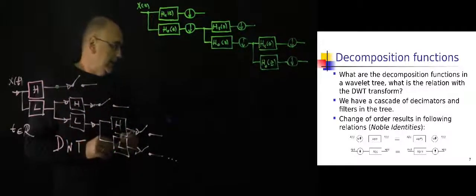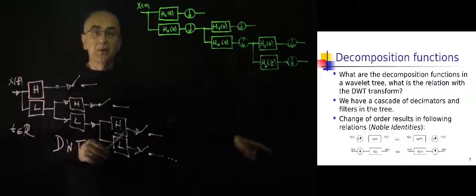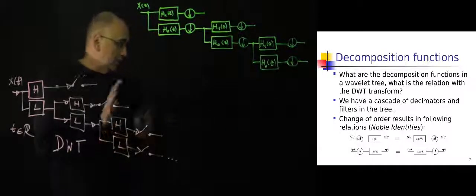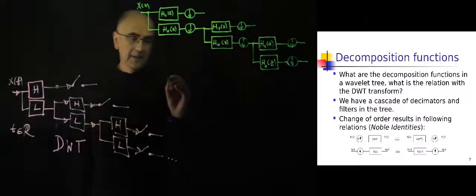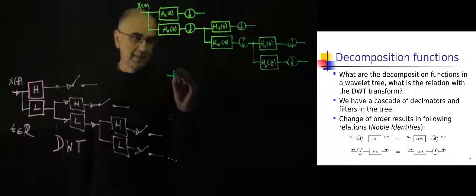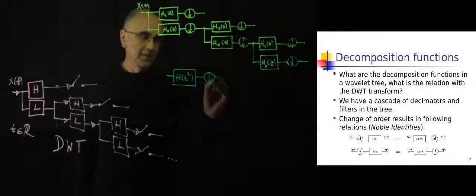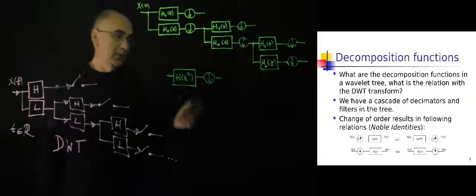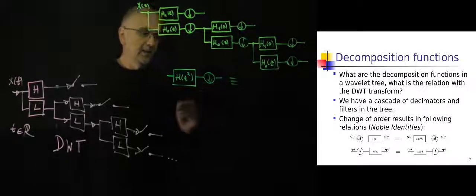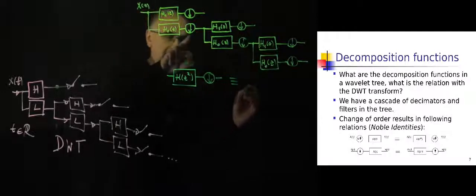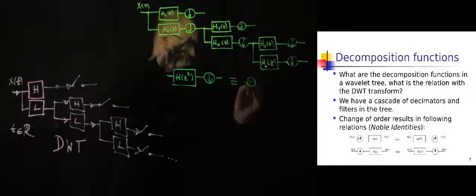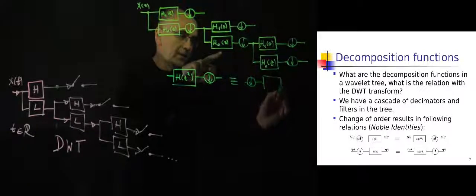Let's start. Maybe I can just draw it right here. So our claim is that this guy, H of z squared, followed by decimation, is equivalent or the same as if we had first decimation, then linear filtering.